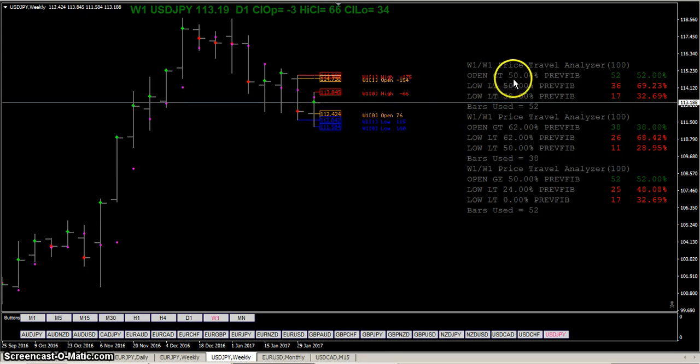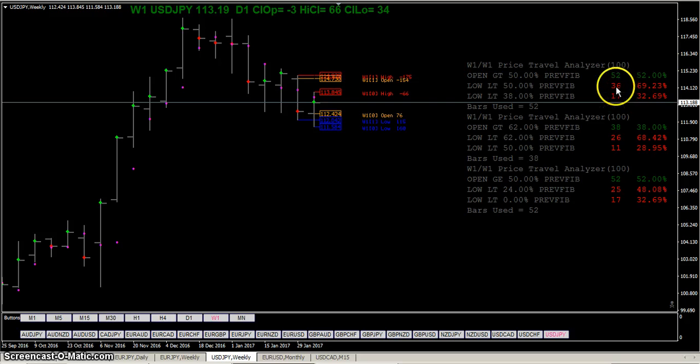So what we're looking at here is, did the open greater than 50% of the previous fib? Okay, which is basically the midpoint of yesterday's range. Okay, then we say, did the low go below the 50% fib, and did the low go below the 38% fib?